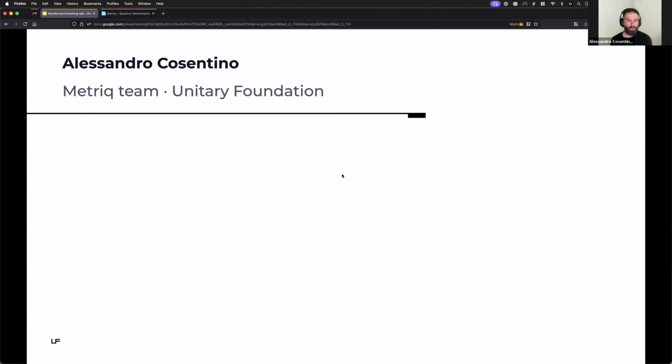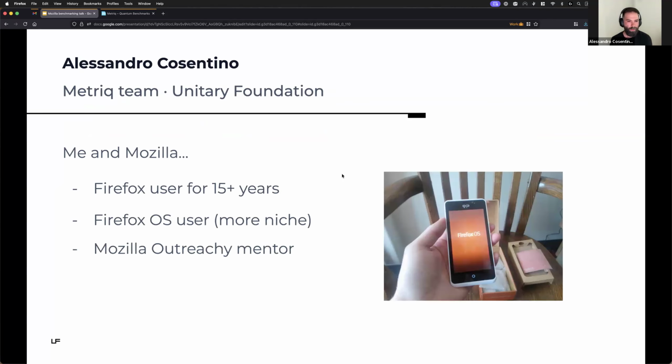So Hannah has already introduced me, but maybe very quickly, I'll just say a bit about my overlap with Mozilla. I've been a Firefox user for 15 plus years now, so I'm honored to be invited to give this talk. That's probably something I share with many other people, but something a bit more niche: I was also a Firefox OS user, for those who remember that. That was somewhere around 2015.